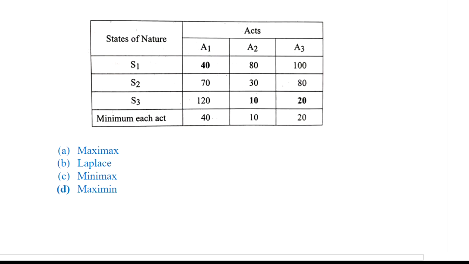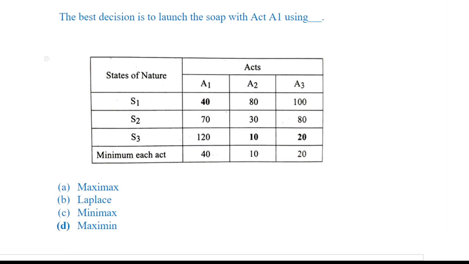Okay. Next question. The best decision is to launch the soap with act A1 using. Now I am looking for A1, but the last line says minimum of each act. Minimum. And this 40 is nothing but the maximum of 40, 10 and 20.